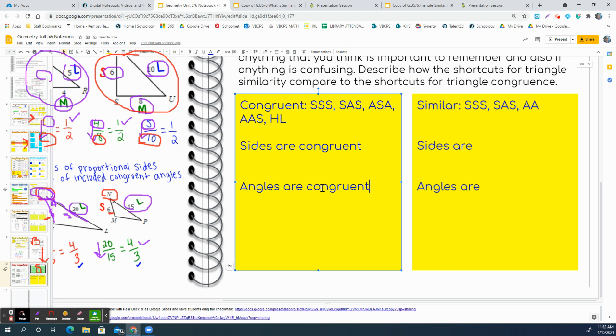If I take my stack of sticky notes, I can separate them however many times I want. These sticky notes are always congruent. They're exactly the same size and shape. They're all 3-inch sticky notes with right angles. Okay? But if I come over to similar, sides are going to be proportional. And angles are going to be congruent.